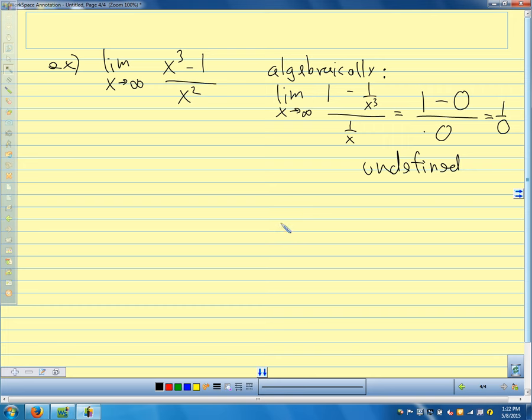And we said for our horizontal asymptote rules, the degree of the numerator is larger, and in that case we had no horizontal asymptote. So our function keeps getting bigger and bigger, or smaller and smaller. Our function gets really, really large or really, really small. It's undefined.